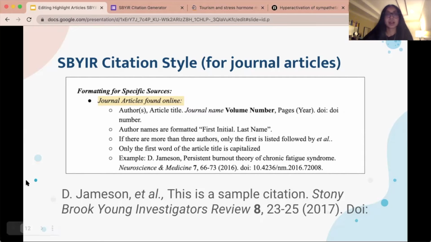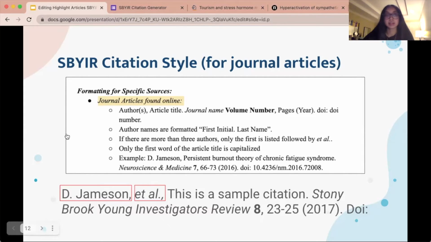So I have a sample citation at the bottom. Clearly it's just a sample. We see that we start off with the author's name, first initial, last name, followed by a comma, et al, period, comma. The et al is italicized, and this signifies that this particular piece had more than 3 authors.